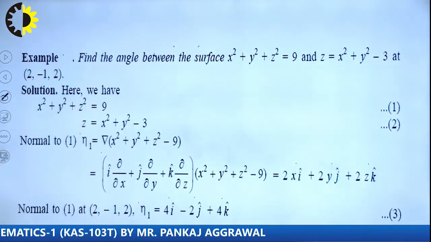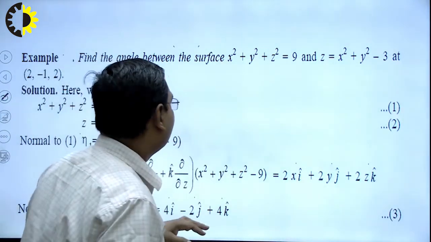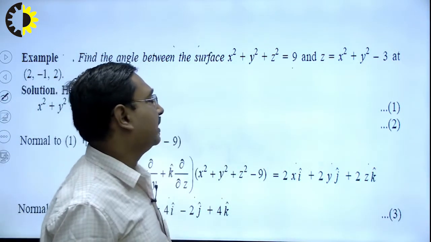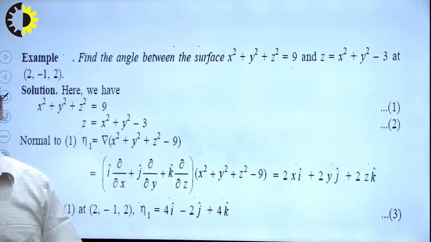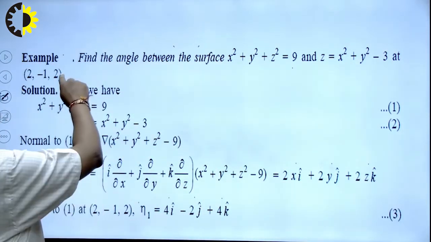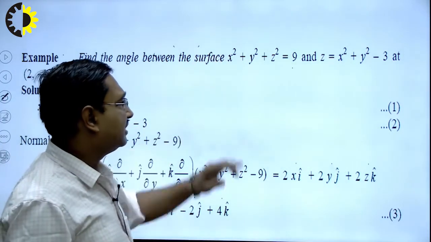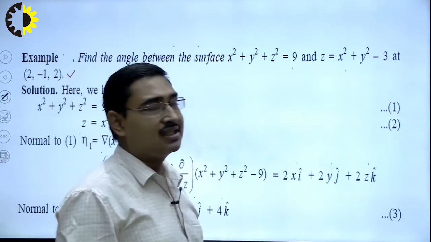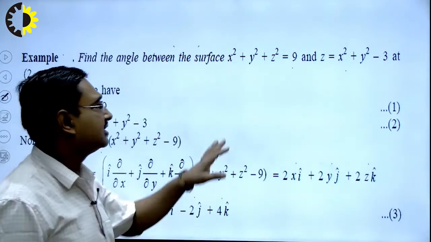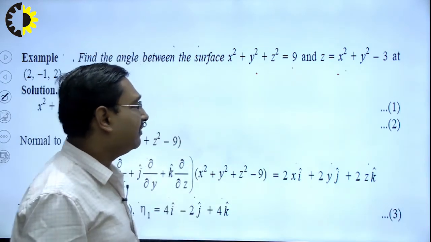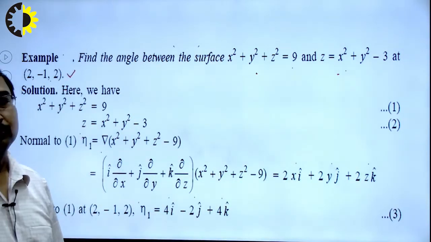The problem says: find the angle between the surfaces x square plus y square plus z square equal to 9 and z equals x square plus y square minus 3 at the point (2, minus 1, 2). This surface is given, another surface is given, and we are supposed to find the angle of intersection between these two surfaces at this point (2, minus 1, 2).